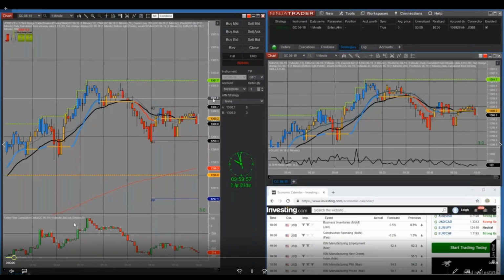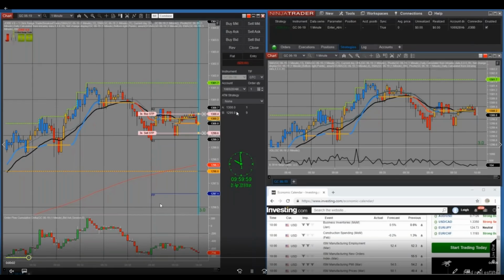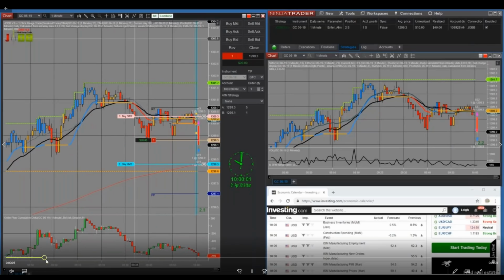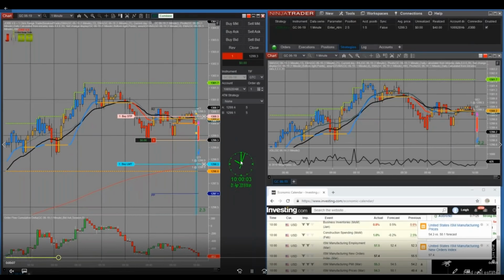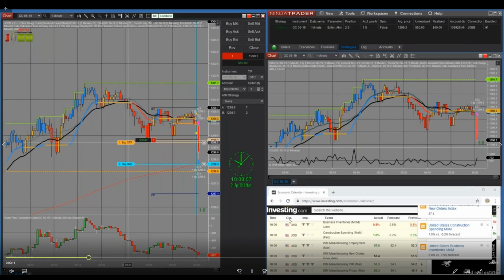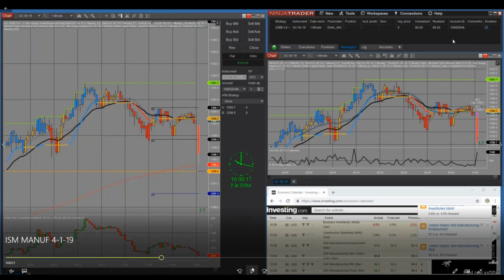This was my ISM manufacturing trade. The first one I showed you was non-manufacturing. 10 o'clock trade. You could see the information comes out. We have various websites that we use to get the news that we're going to trade. We teach you how to do that in 15 seconds. That particular report was over.